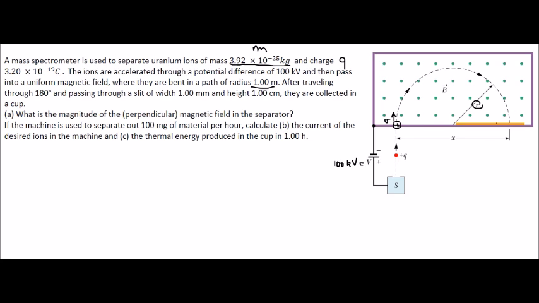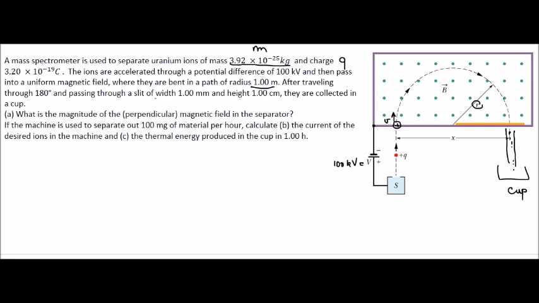There is an opening here and they go through a slit of width 1 millimeter and height 1 centimeter. They go through here and get collected in a cup. So here we have a cup, okay? And the ions get collected.